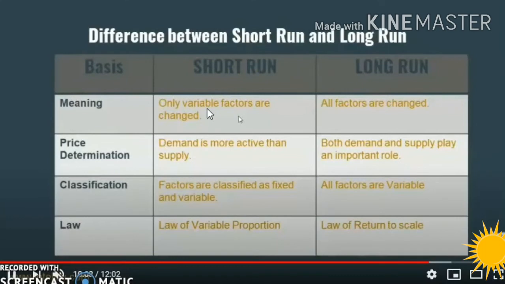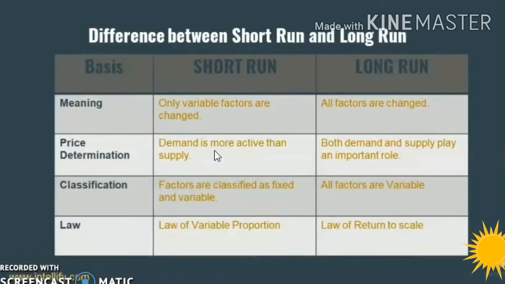In the short run, only variable factors are changed. In the long run, all factors are changed. Price determination: in the short run, demand is more active than supply. In the long run, both demand and supply play an important role. In the short run, as per the demand only we can supply things, so we are on the profit side of the producer.